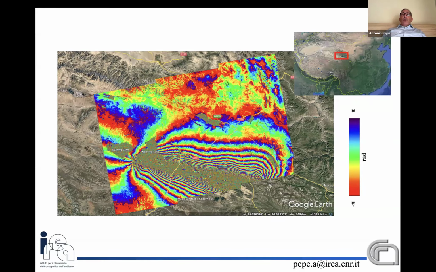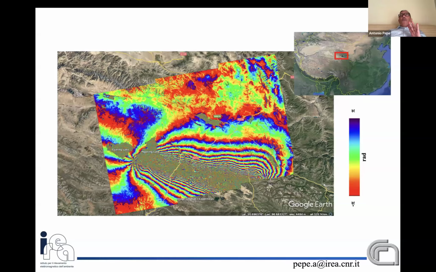In this case, we can recover the ground displacements using alternative methods. For instance, we can use the amplitude of SAR images. We can use optical images, and we can try to integrate this information with the InSAR data.